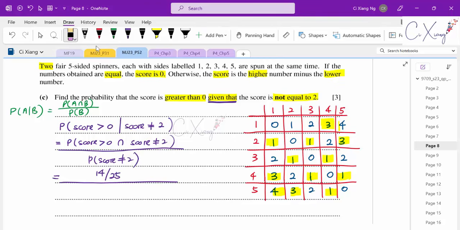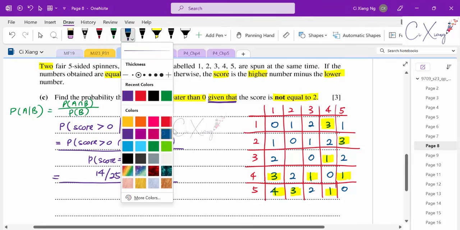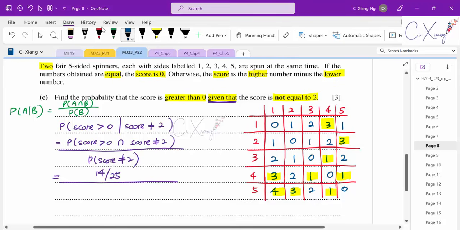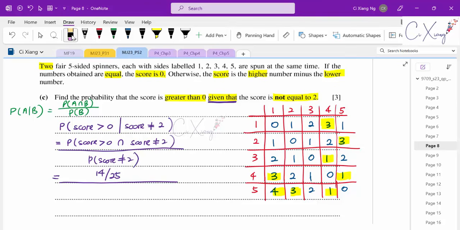Then of course you need to try and figure out again one by one. This method, although it's a bit troublesome, if you compare, you will realize that it is actually quite safe to use because it shows all the results and you won't miss any of it when you want to figure out the result, or maybe the event, the probability. Okay, so maybe I need to correct it first.